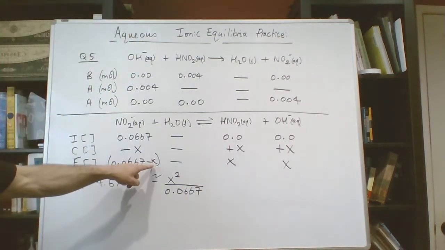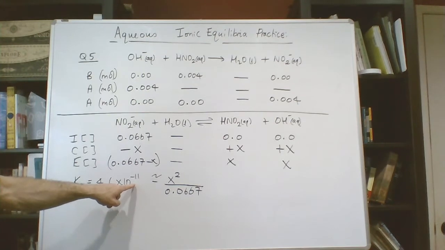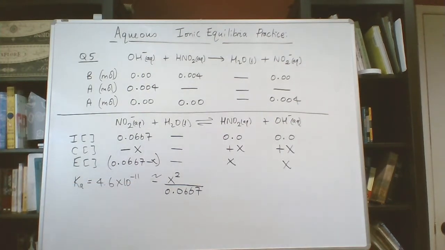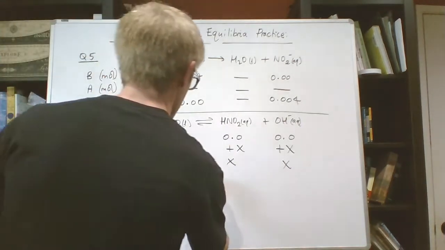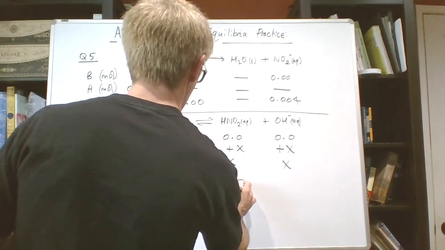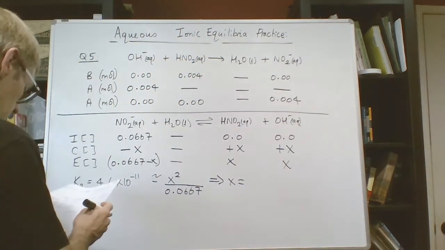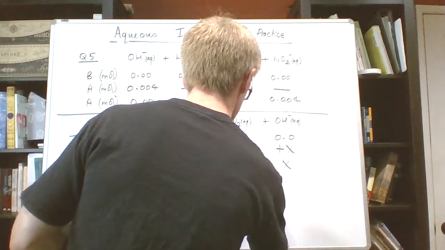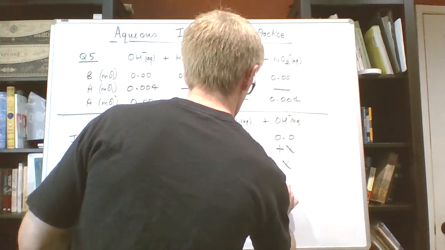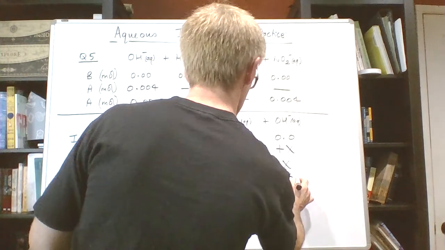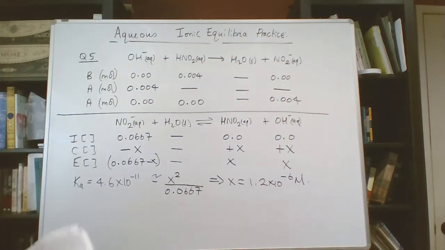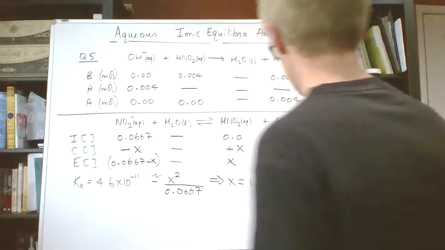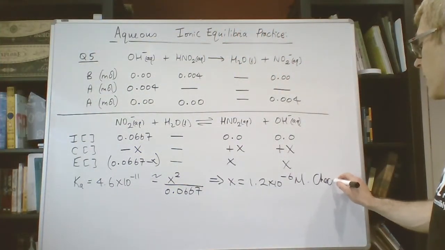So I'm just going to ignore this negligible shift because it's got no force on it. So this implies that x is equal to 1.2 by 10 to the minus 6 molarity. I can check, and in previous questions I've shown you how to check. For now I'm just going to say that we did check and the check was valid.